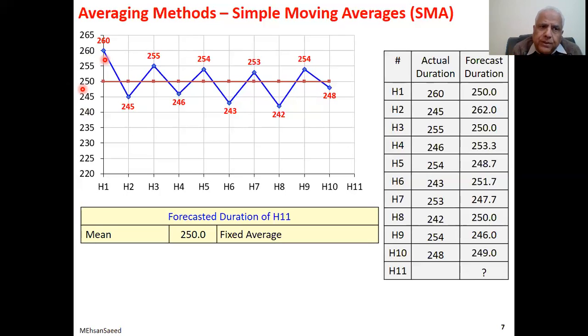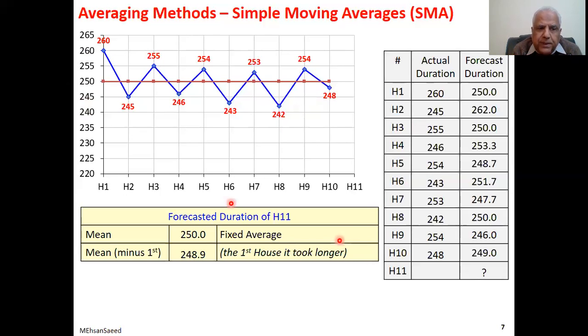Therefore, for you, this point may be an outlier and should not be considered in the calculation, in which case you might like to take the average of all the 10 houses except number 1. In this case, your answer would be 248.9.